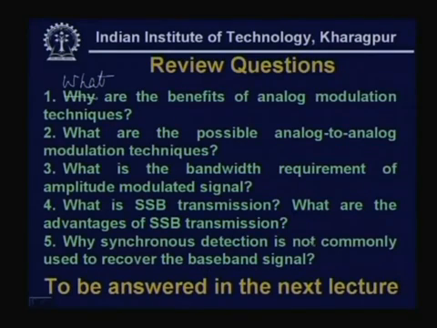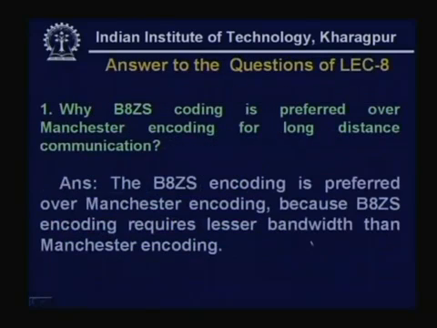Now it is time to give the answers to the previous lecture. First question was, why is B8ZS coding preferred over Manchester coding for long distance communication? As you know, B8ZS encoding is preferred over Manchester encoding because B8ZS encoding requires less bandwidth. Its bandwidth, as you have seen, is equal to the bandwidth of the baseband signal.